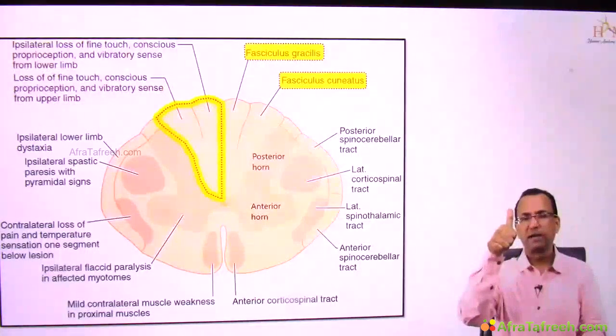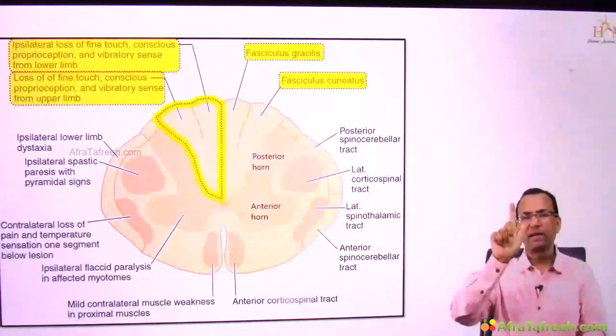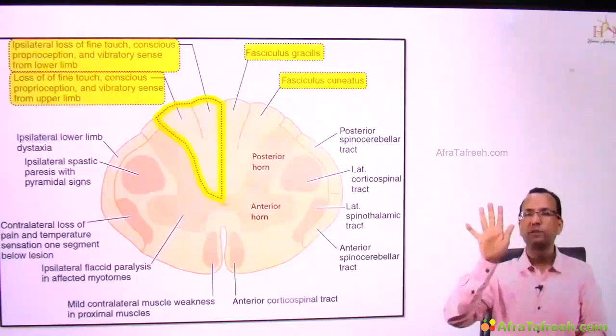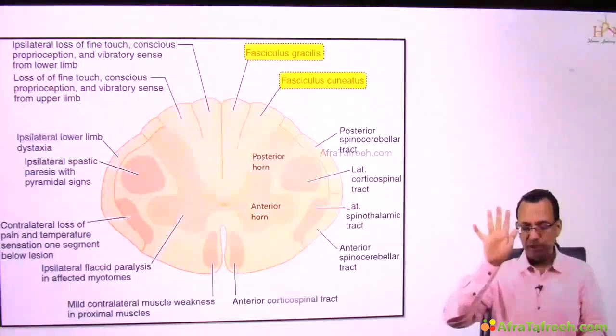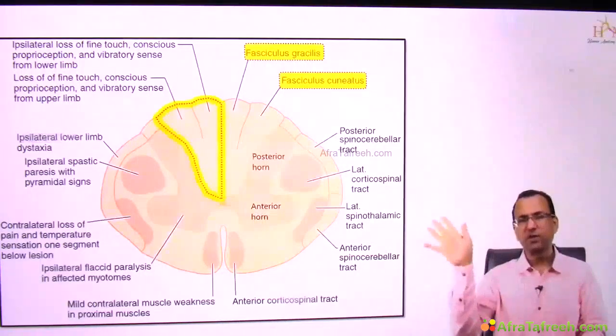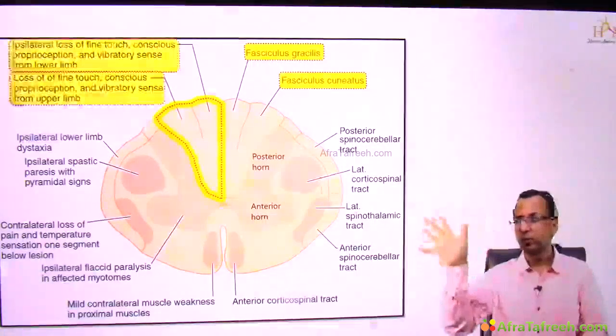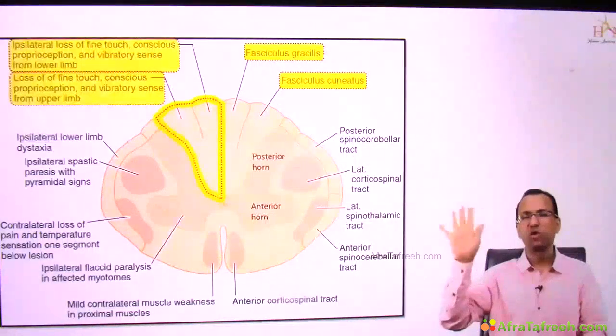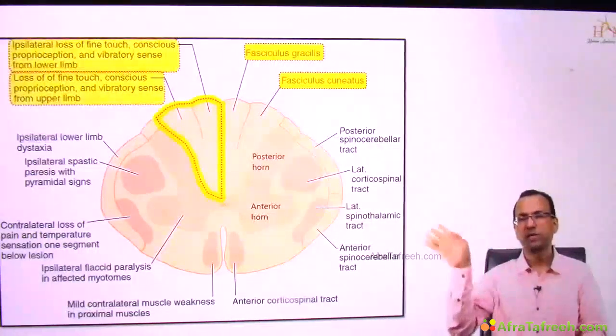Pressure and vibration and tactile discrimination and stereognosis and conscious proprioception on the same side. If the fasciculus cuneatus and gracilis is damaged on the right side, only will have loss of 5 sensations: pressure, vibration, tactile discrimination, stereognosis, conscious proprioception, lost same side.